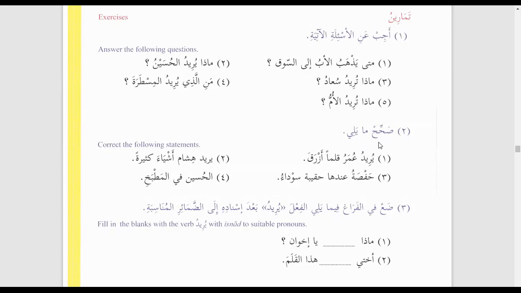When we make fi'l al-amr, the ending has to be sakin. Then the second last root letter becomes maksur. So from sabbaha, the fi'l al-amr will be sabbih, and your fi'l al-amr is ready.